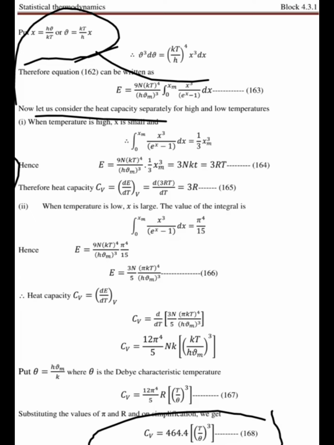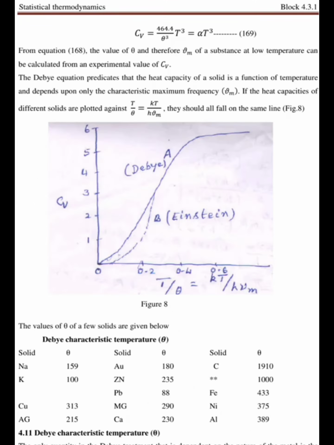It can be applied for very low temperatures also. From this you can see CV is the heat capacity. This is for the Debye theory and this is for the Einstein theory. These two are for the quantum theory of heat capacity.